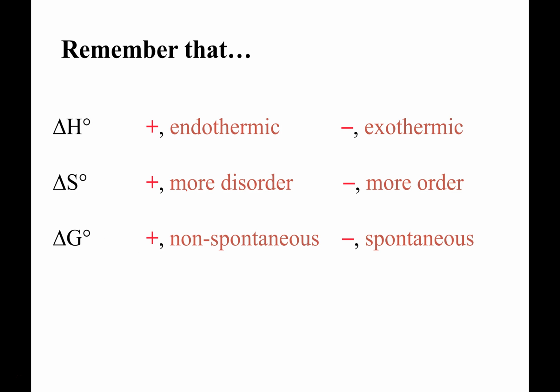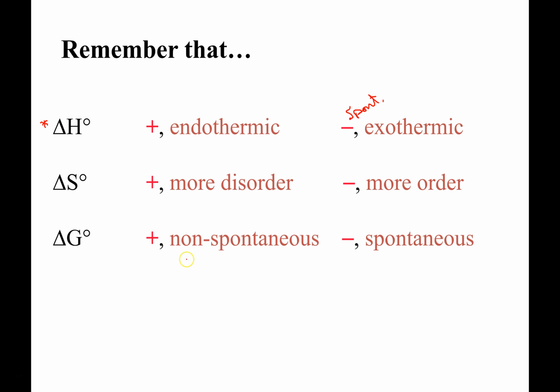So this is kind of a summary, a different way to look at it. Notice I have all the pluses lined up and all the negatives lined up. So let's just go across here. Let's start with this one. So for enthalpy, which one of these favors spontaneity? Endothermic or exothermic? Yep, exothermic favors spontaneity.